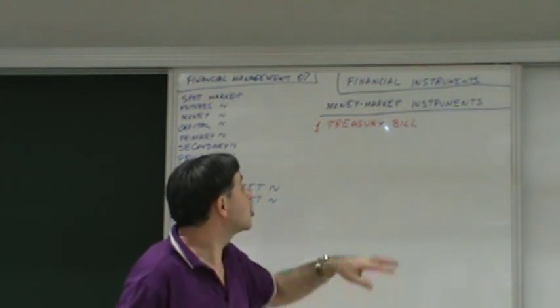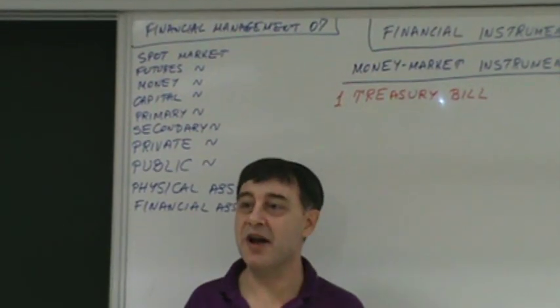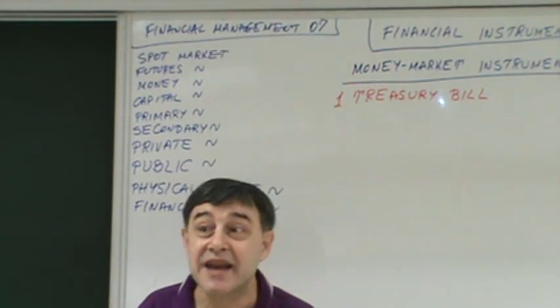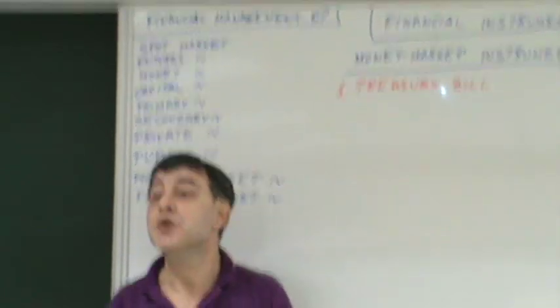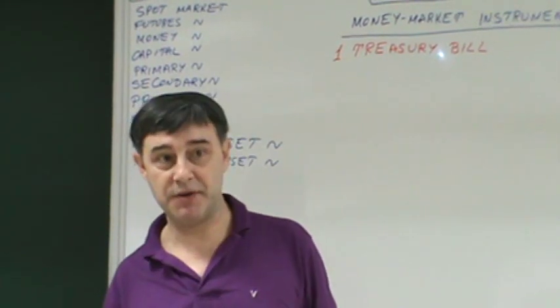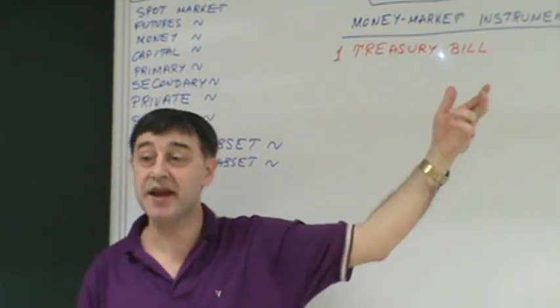First of all, treasuries and governments go bankrupt all the time. Bankrupt governments are extremely common. In our other class, we had the discussion of the government of Iceland going bankrupt recently. Another government going bankrupt is Ireland.